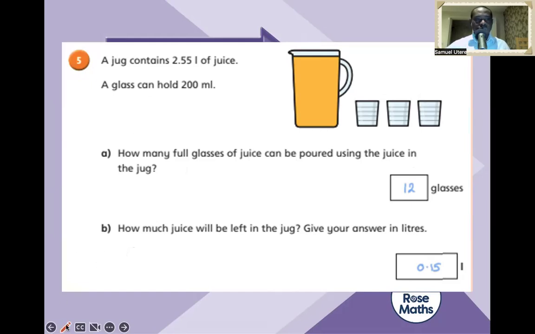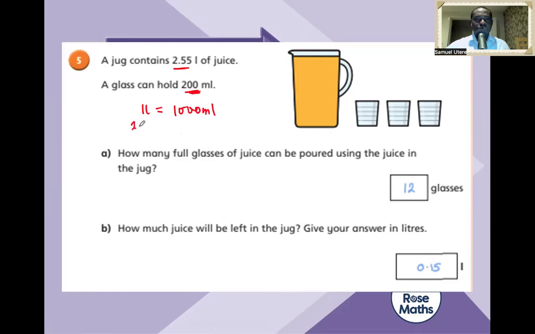All right. So this is a typical problem solving question. So we want to find out how many of these we can get from this. Now, take note, they are not the same unit. So we're going to have to make these into milliliters. Now, what do we know? So we know that 1 liter is 1000 milliliter. So we want to make it have the same unit.